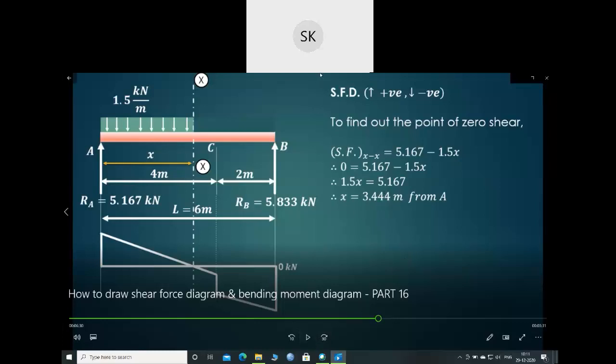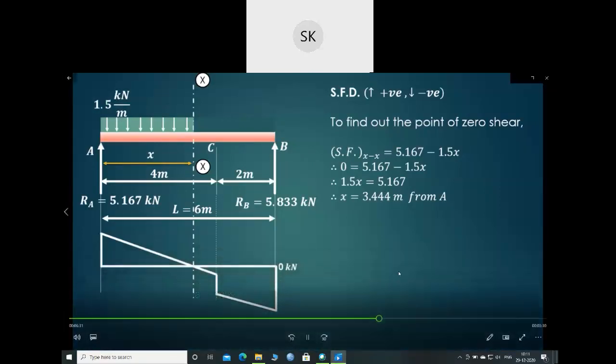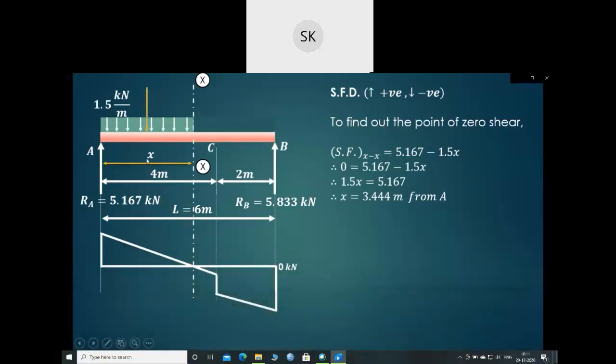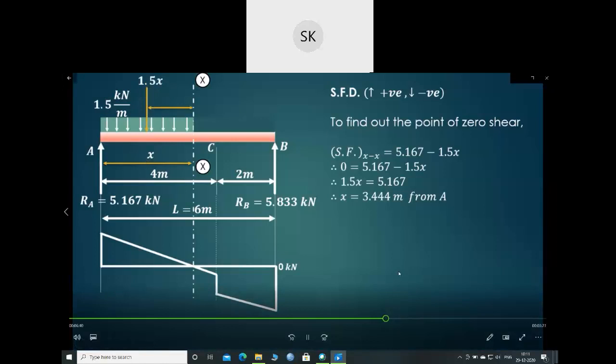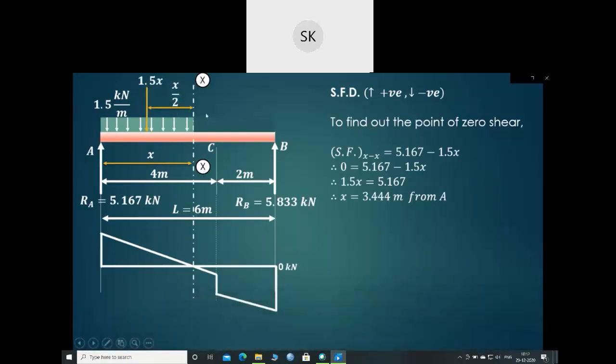Okay. Now the bending moment also. First we'll convert this UDL into a point load. So 1.5 into X, and it will be acting at the center of X, that is X by 2. So that we can take moment about this section XX, which is the maximum bending moment. The conventions used are clockwise positive and anti-clockwise negative for the bending moment.